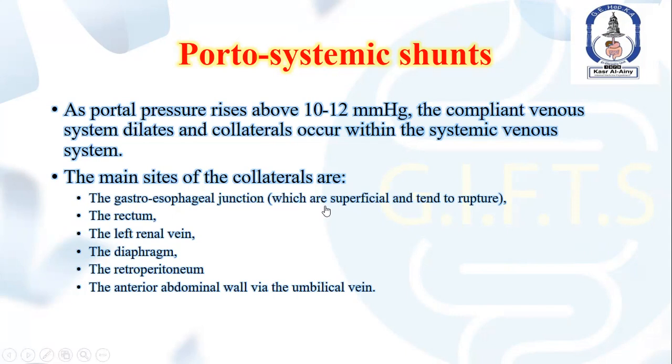The main sites of collaterals are the gastroesophageal junction, which are superficial and tend to rupture in the form of esophageal varices, the rectum, where they sometimes cause rectal varices, the left renal vein, the diaphragm, the retroperitoneum, and the one we mentioned previously, the anterior abdominal wall via the umbilical vein, causing caput medusae. Of course, those in the left renal vein, diaphragm, and retroperitoneum do not bleed.